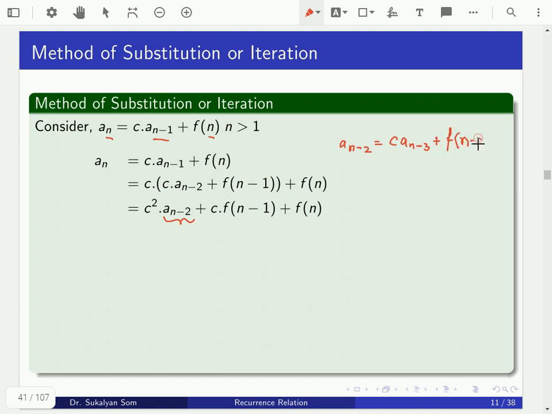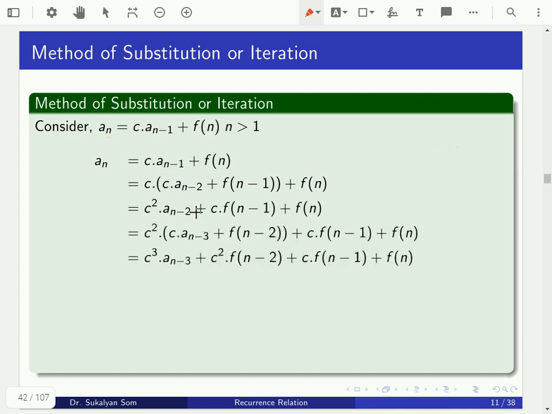Now, just by observing the similarity, if we expand this substitution up to a_(n-k), we get c to the power k times a_(n-k) plus c to the power k-1 times f(n-k+1), and so on up to f(n).